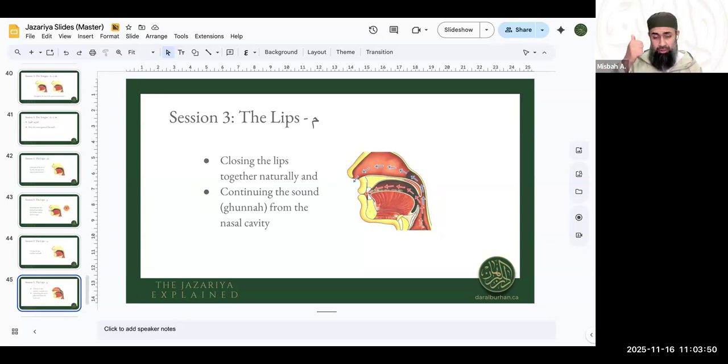But like noon, meem has a secondary makhraj. And that is the nasal cavity, al-khayshum. The sound for meem continues from the nasal cavity. Okay? And you can try it yourself, of course. When you say it, where's the sound coming from? From the nose. This is where the sound is continuing.